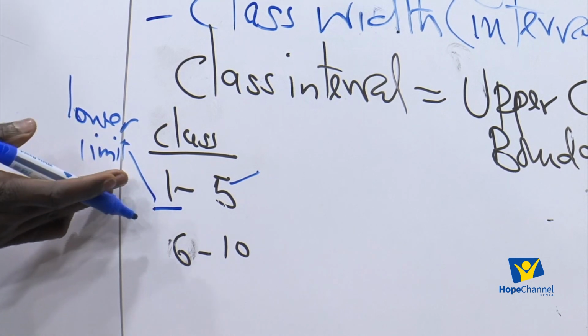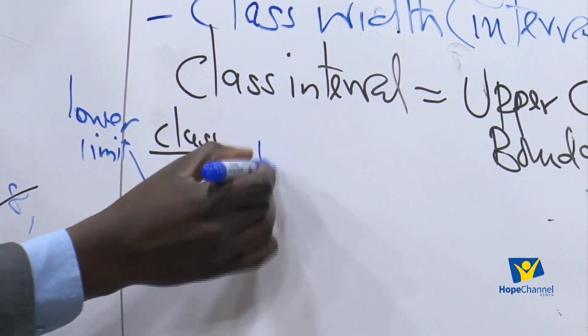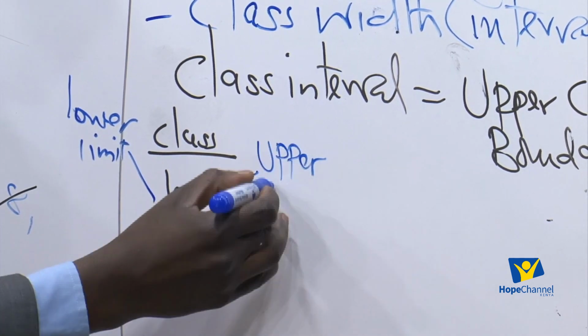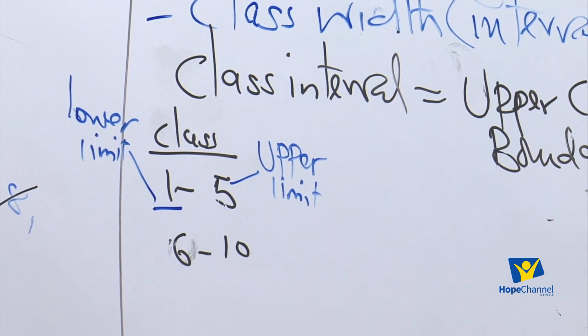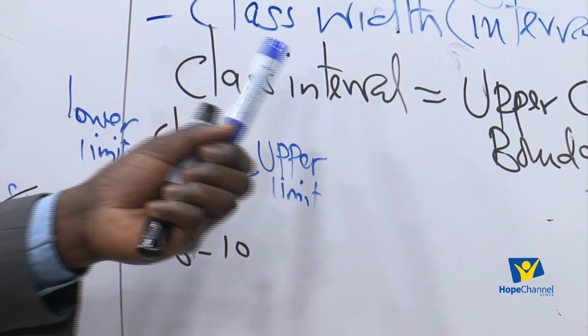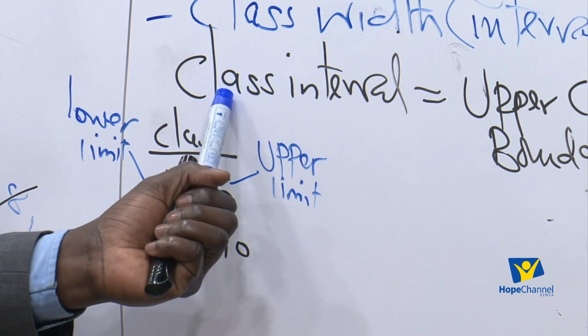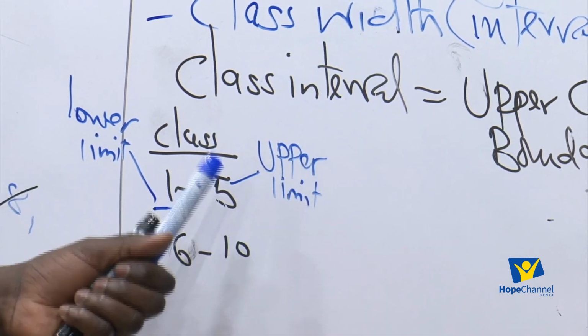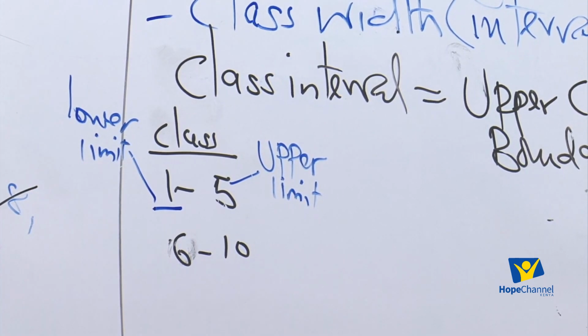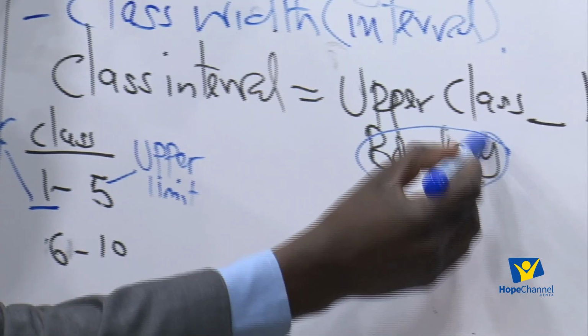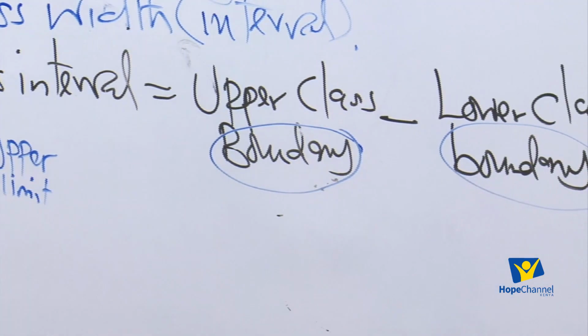So lower limit and also upper limit. Are we together? Whenever we are calculating the class interval, we never use the limits. Instead, we use what is called the boundary.